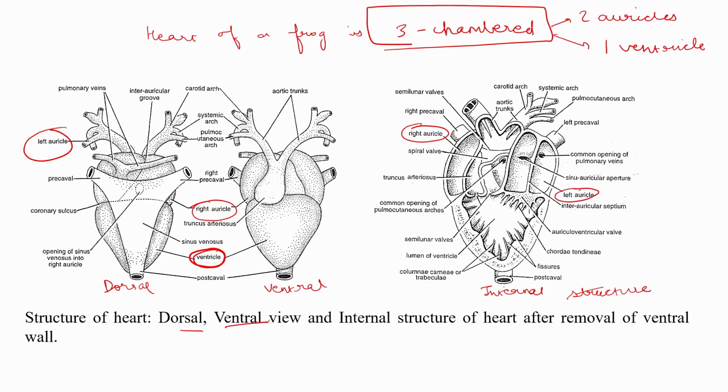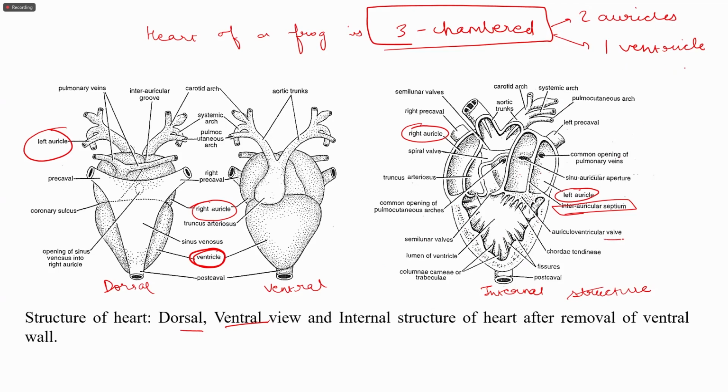The auricles are separated from each other with the help of the interauricular septum. This septum creates a partition between the two auricles. Then we have a lower structure, the ventricle, which is common. So we have two auricles and one ventricle.